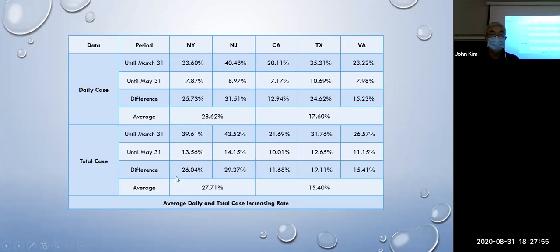And then total case, similar result. So on average, in required states, 28% change; partial or none, 17; daily case, 27 and 15.